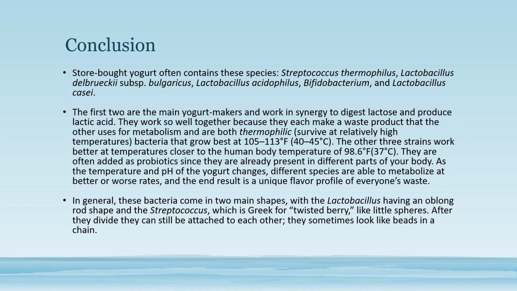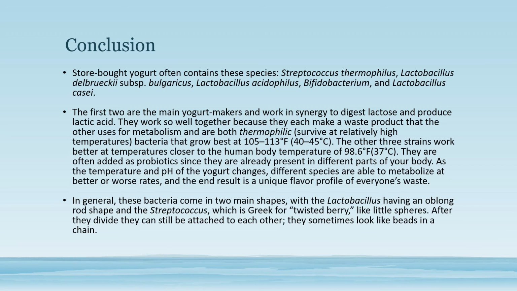The first two are the main yogurt makers and work in synergy to digest lactose and produce lactic acid. They work so well together because they each make a waste product that the other uses for metabolism, and both are thermophilic, which means they survive at relatively high temperatures.